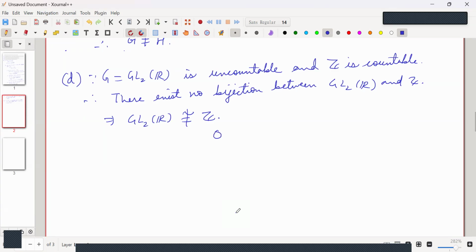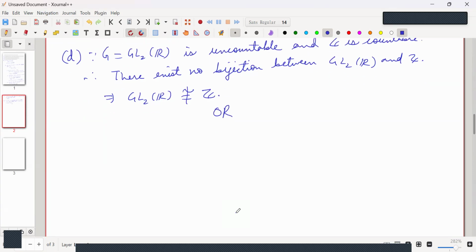So let me tell you one more answer. So Z has no non-trivial element of finite order, right?